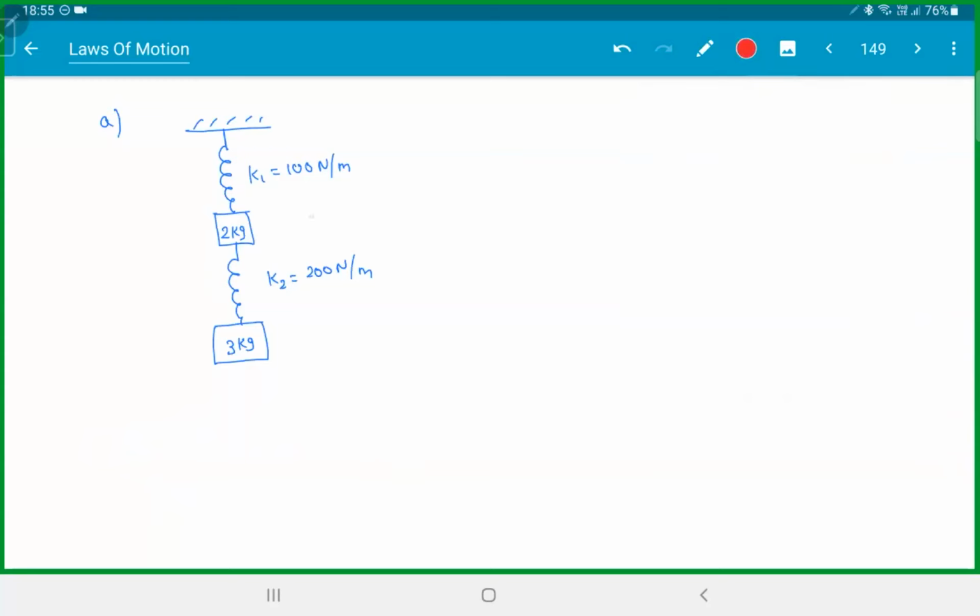You can just treat this whole thing as one system. This force will be K1 x1 and this whole weight will be 50. So K1 x1 is equal to 50. That would be 100 into x1 is 50. x1 is equal to half.